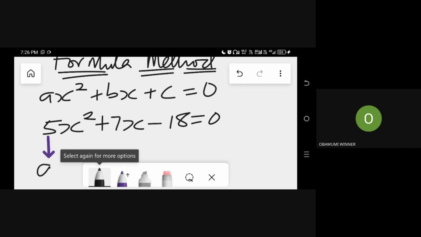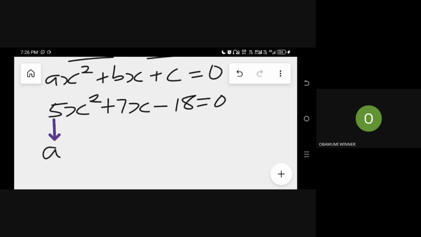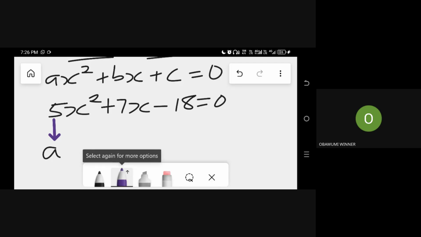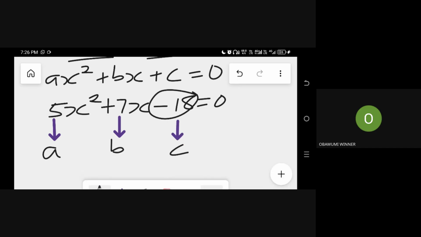That is your a. Then b is the number behind the s. That's b. While c is this number, minus 18, the number without any letter. That is the c.